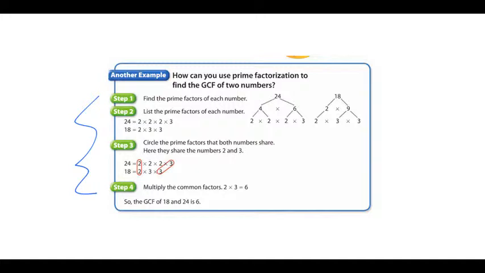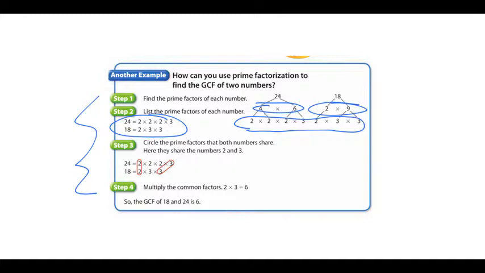If you remember the prime factorization trees, where we made trees, found 2 factors of each number, and then broke it down until you got all the prime factors. Okay, so here they have them listed out. 2 times 2 times 2 times 3, 2 times 3 times 3. In step 3, it says circle the prime factors that both numbers share. So they both share 2 and 2, and they both share 3 and 3.